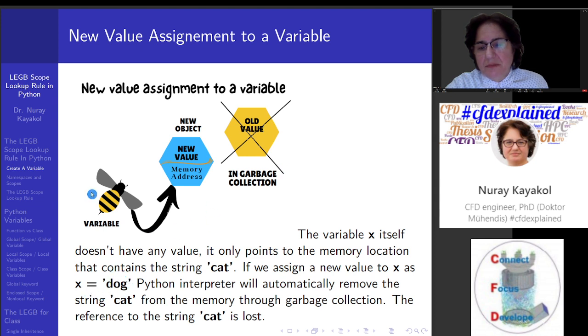If this honeybee only goes to this blue hexagonal cell, what happened to the previous one? The old object, the yellow hexagonal cell, what would happen when x has a new value?